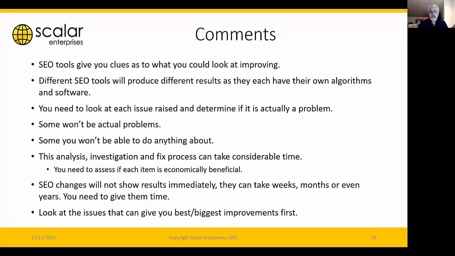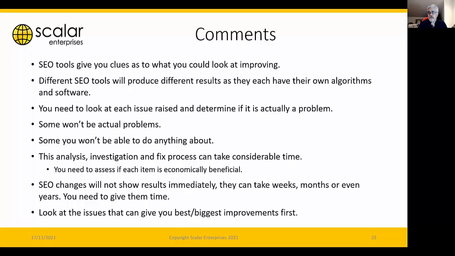The problem with SEO is everything these tools throw up, you can spend hours and hours looking at them. Some won't actually be a problem. One example might be flagging up duplicate descriptions or duplicate titles on pages which are paginated. Things like that, you can't do anything about.